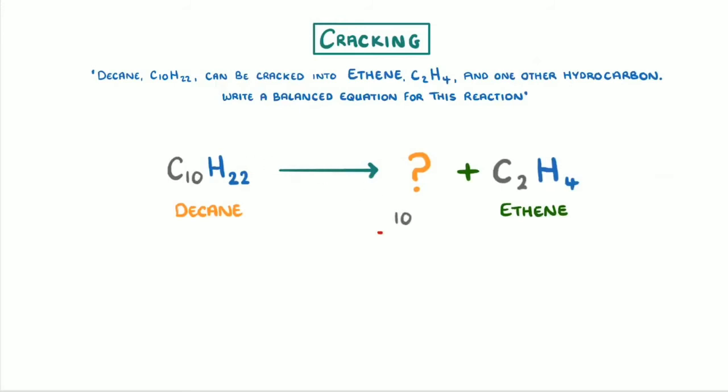So 10 minus 2 carbons means that our alkane must have 8 carbons, and 22 minus 4 hydrogens means our alkane must have 18 hydrogens. So its formula is C8H18. And so we just write that into our equation.